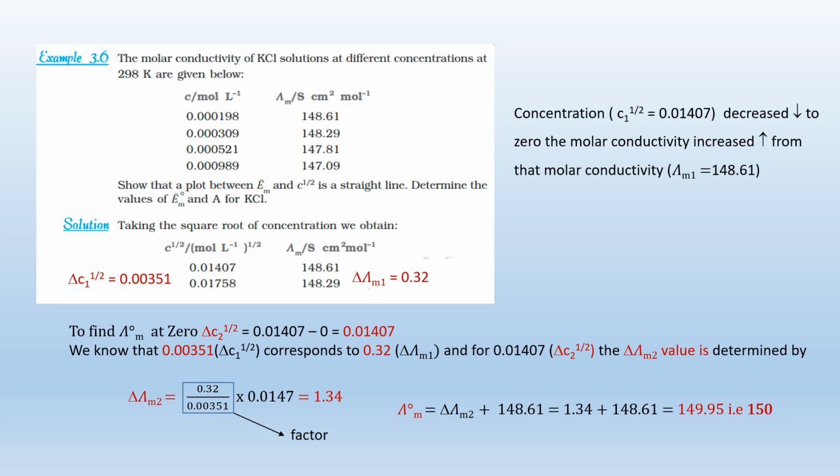In this problem, they have given the concentration and the molar conductivity of KCl, and they are asking to determine the limiting molar conductivity and the A value for the KCl solution. They are asking to make a plot and extrapolate the straight line to determine the lambda naught value.